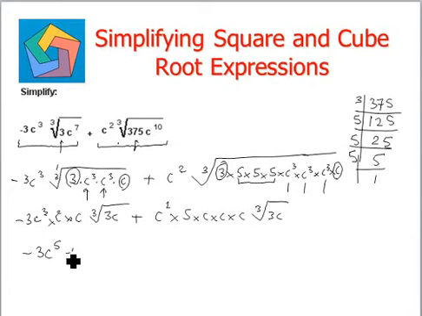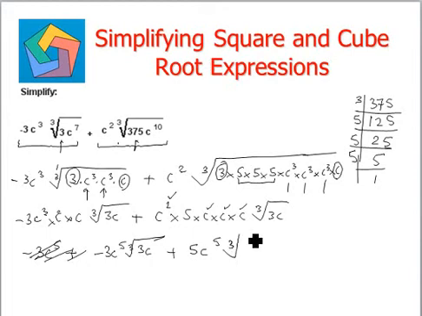Here we have now the plus sign. We have negative 3c⁵ cube root of 3c plus c² times c times c times c times 5, which is 5c⁵ cube root of 3c.